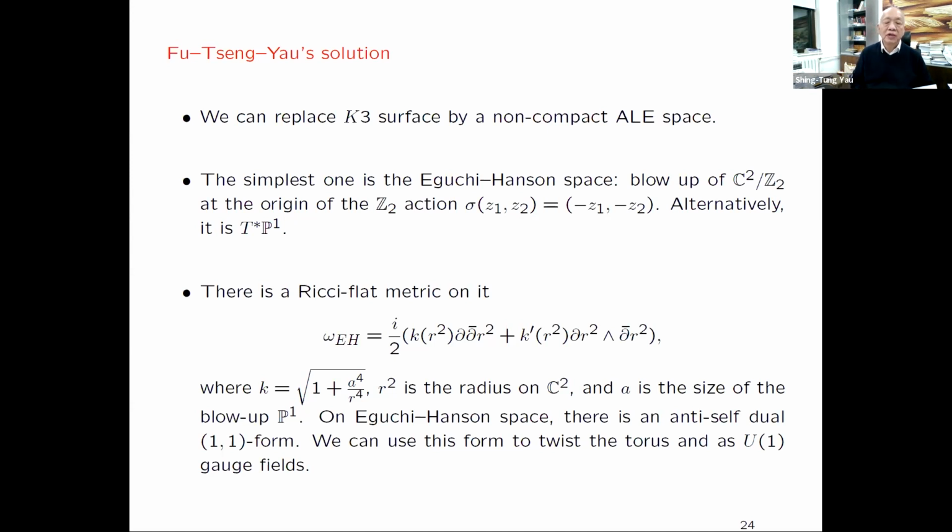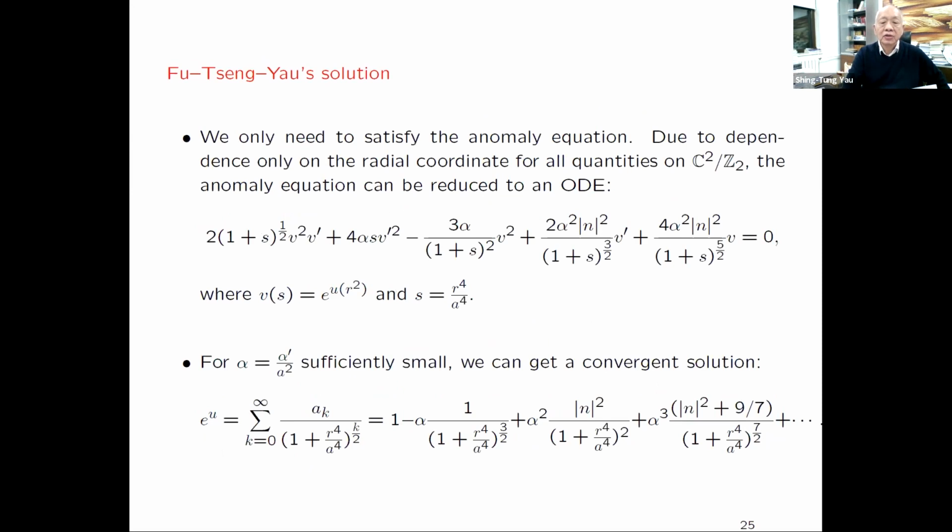There, we can write down an explicit metric, the Eguchi-Hanson metric on the blow-up of the quotient. This is an exact solution which we write down. And this is an interesting (1,1) form we can use to choose the torus and also use as a gauge field. So we can more or less solve this anomaly equation.